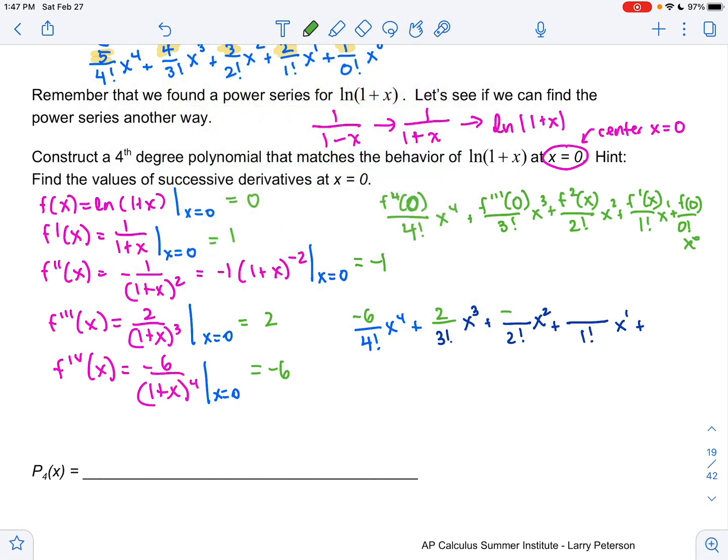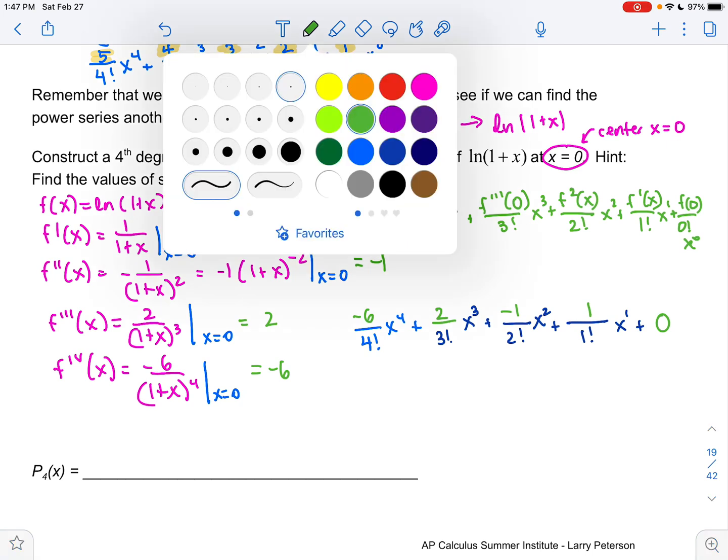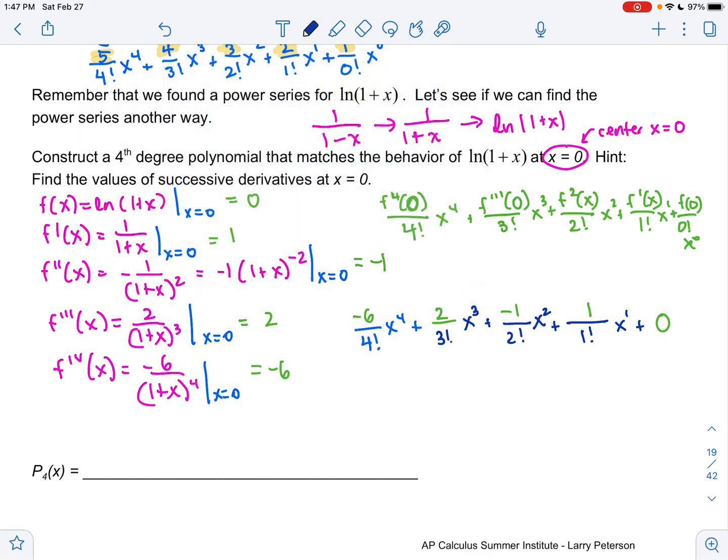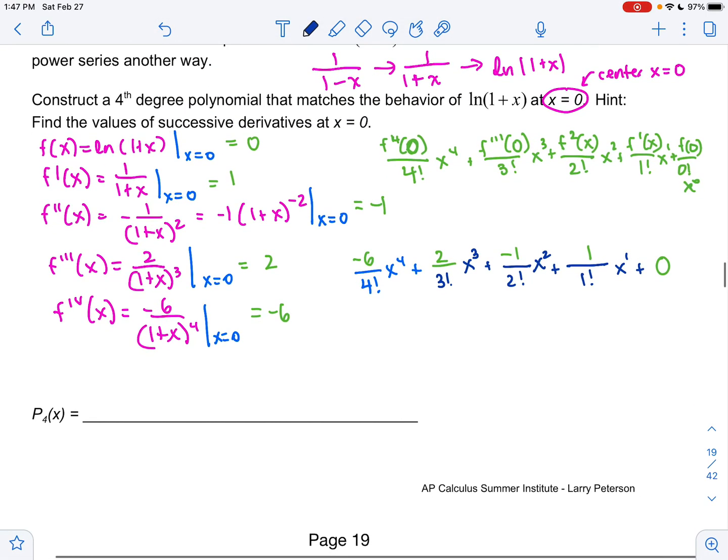So the 2nd derivative was negative 1. The 1st derivative was 1. And then the last function value evaluated at 0 is 0. So that's my constant. And so if I were to simplify all of that, if this was a free response, you can leave all your factorials unsimplified. You can just leave your answer as such.